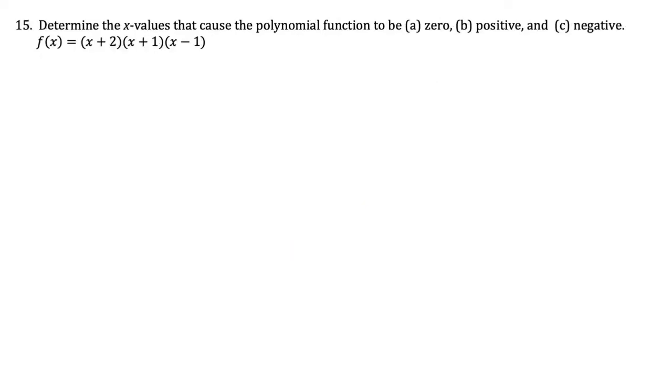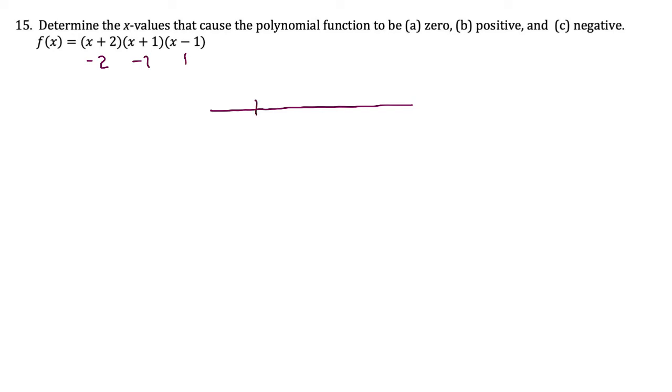All right, number 15, determine the x values that cause the polynomial function to be a 0, b positive, c negative. All right, so let's look. We can pull these from the number line here. And notice this is going to generate for us a -2, -1, and a +1.